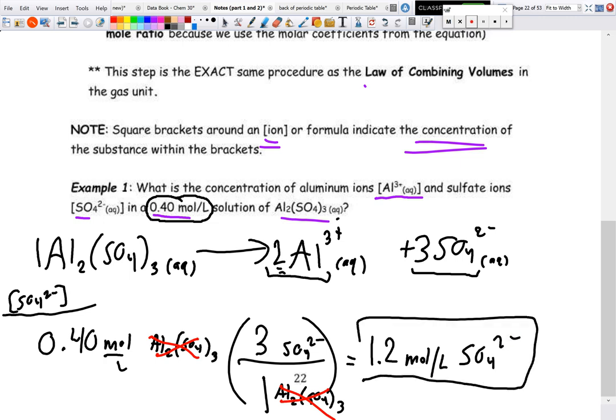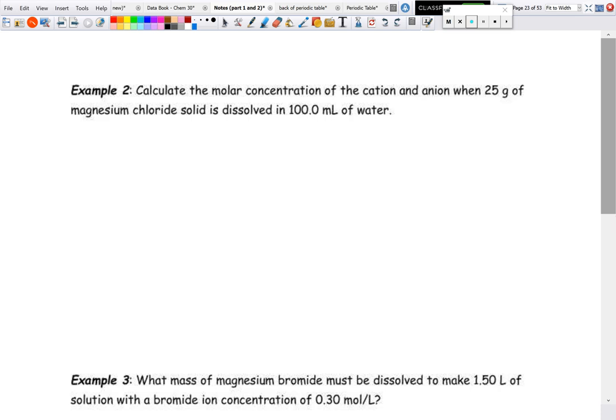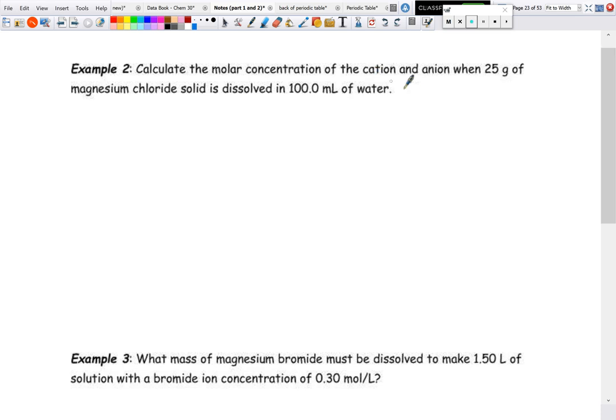And of course, 2 significant digits, and that is our answer. Now, just a reminder, we can only do this concentration of ion step if we have concentration. So our next examples, we're not going to have concentration initially. We're going to be having a mass, but then we can solve for concentration. But you have to remember that this is the conversion factor that we need to pull off in order to solve for it.